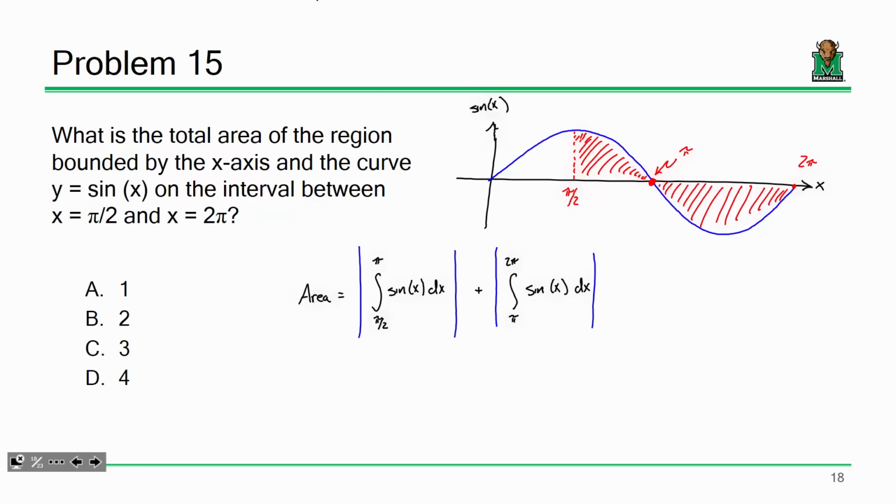Now, what's the integral of the sine? Negative cosine.